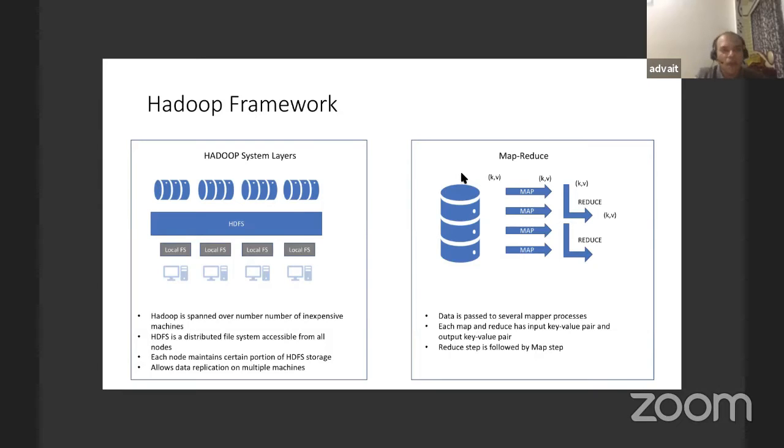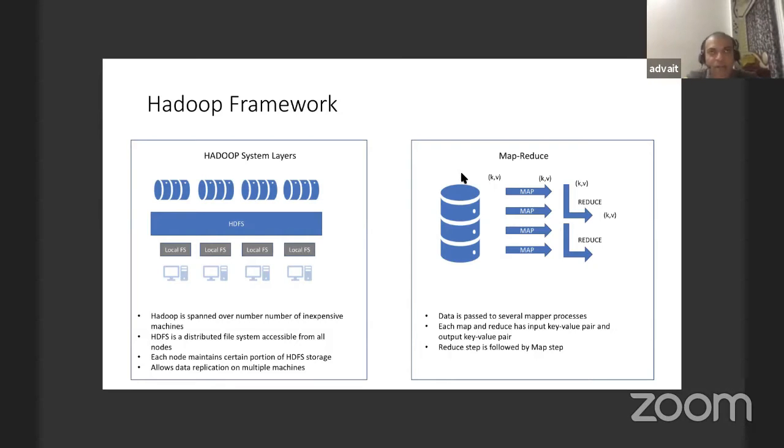Imagine that you have a very large file, maybe 1 terabyte, and you want to process it. If you run a typical program on your machine, you'll have to load the file into memory. But to load a big file into memory, you'll need 1 TB of RAM, and that's very expensive.